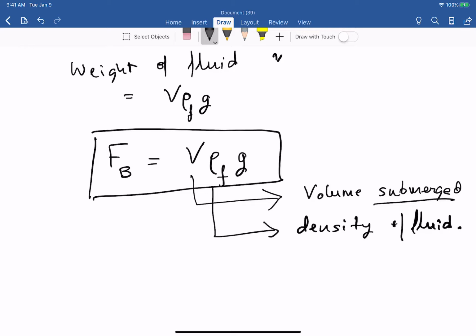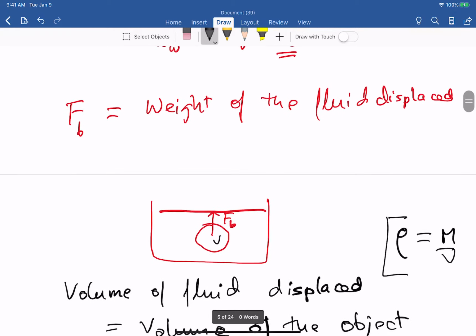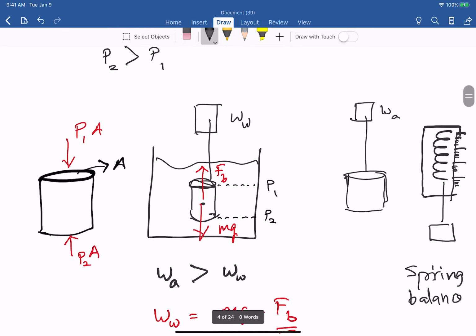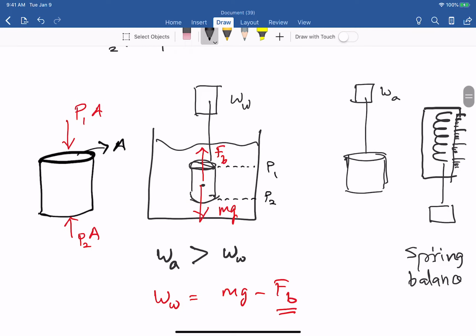Now I must go back to my original example and clarify one thing. We talked about the weight of an object in air and the weight of an object in water. We talked about how the weight in water would be less than the weight in air because underwater there is a buoyant force which pushes upwards. Now I must also clarify here that there is a buoyant force in air as well, right?